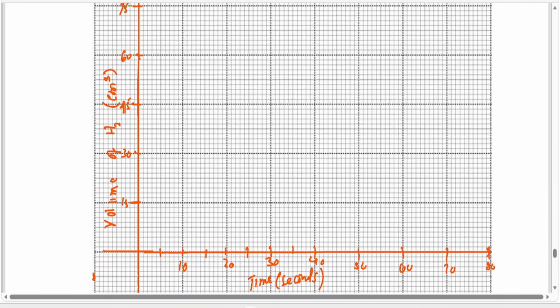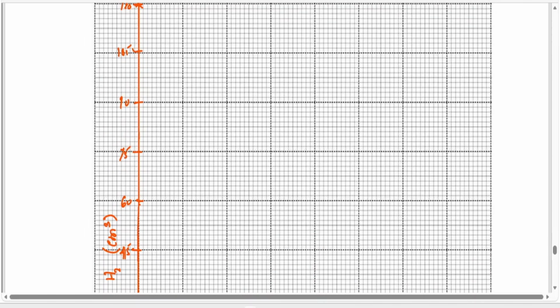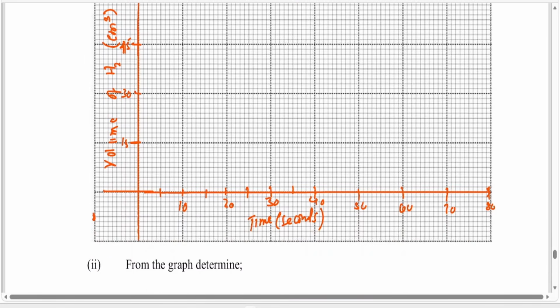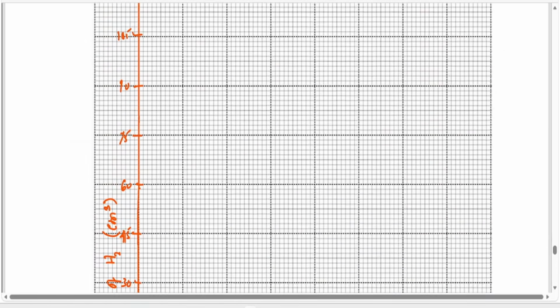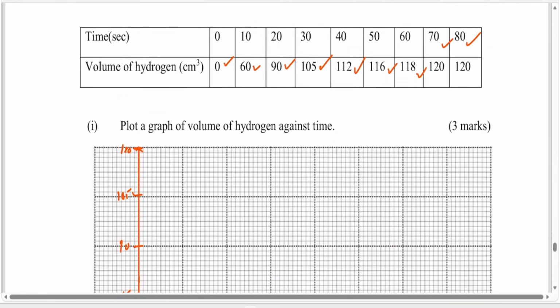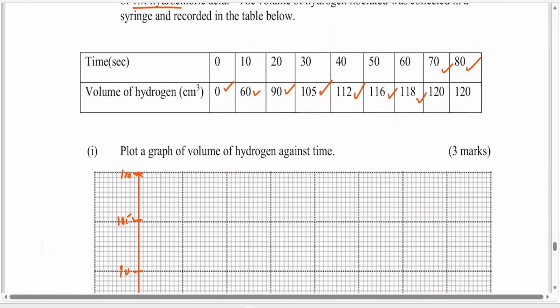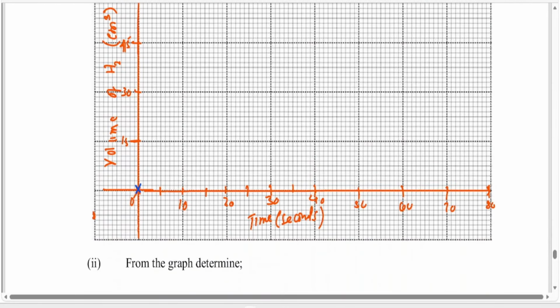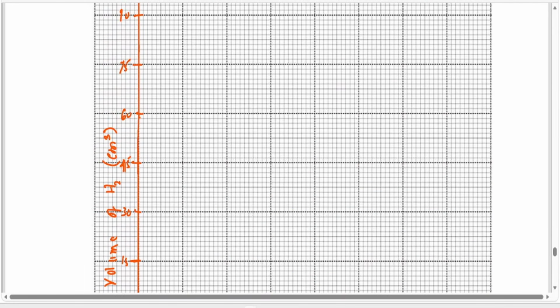Then I start plotting. 0, 0 will be at this point. Then we have 10, 60. 60 is at this point.